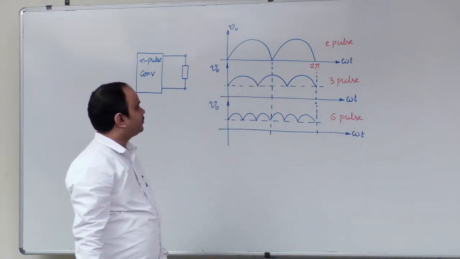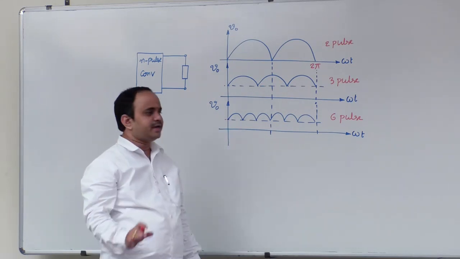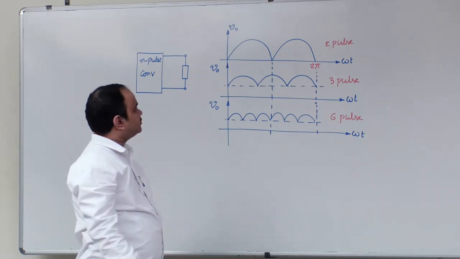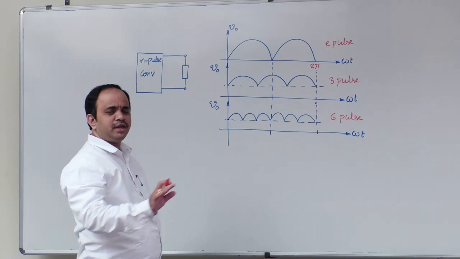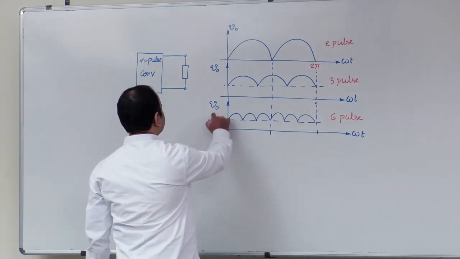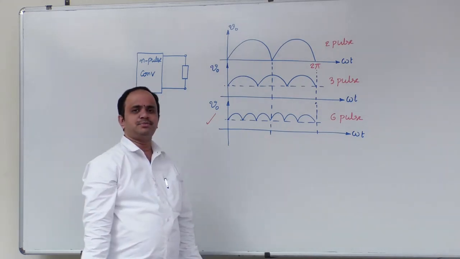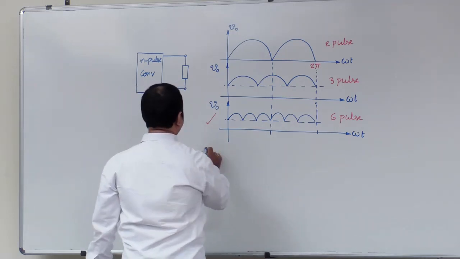Listen carefully here. So from these 3 waveforms, what is the important point to understand? You just question yourself, which waveform is more nearer to DC? I can say the last one. 6 pulse converter output voltage is more nearer to DC waveform. Now follow carefully here.